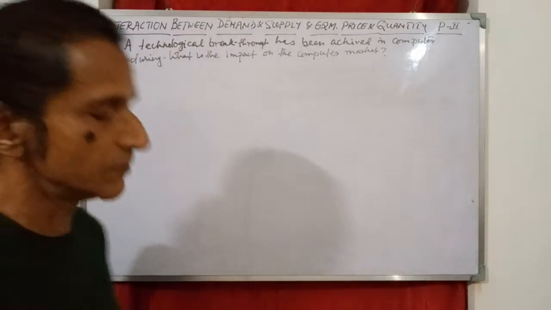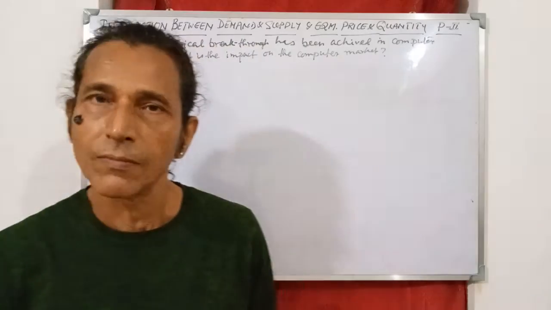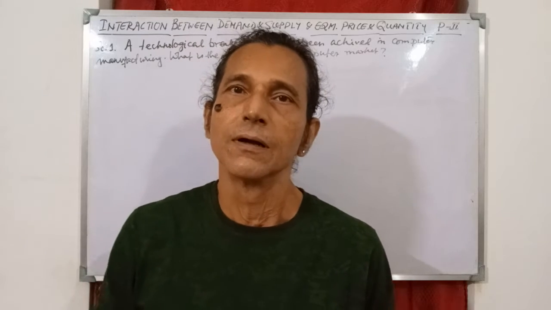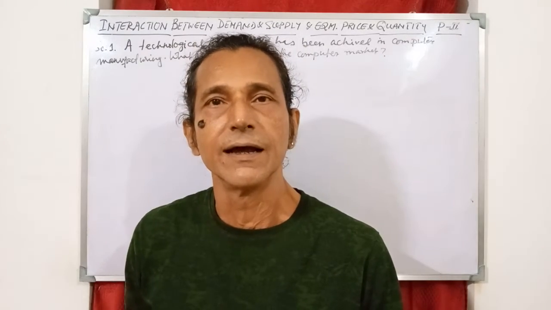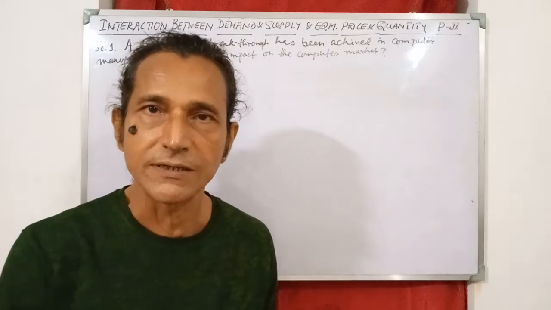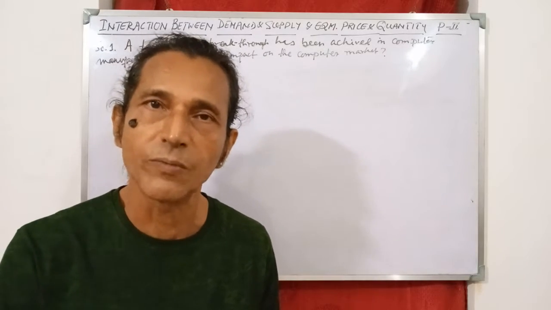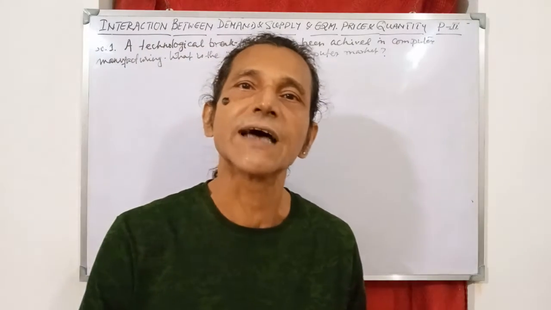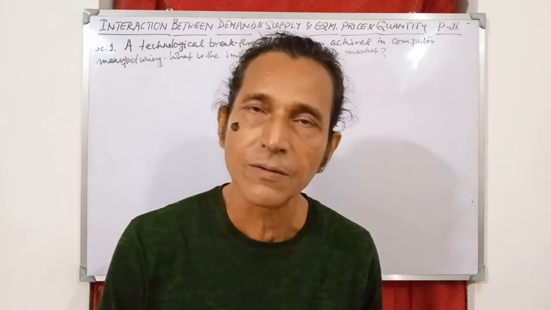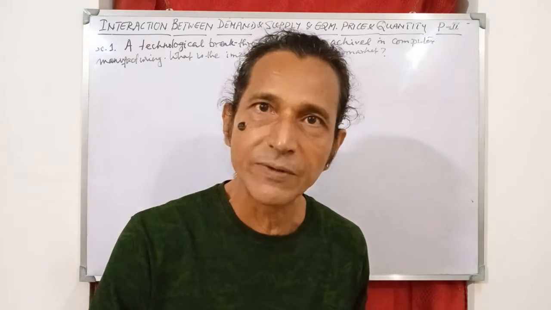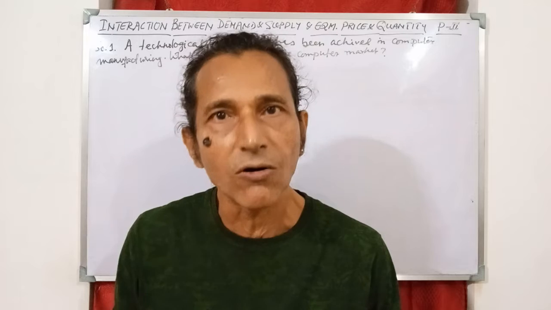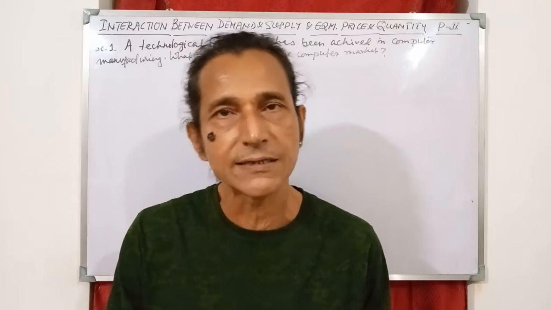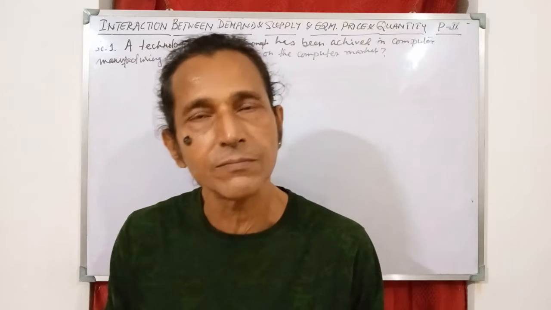And remember one thing, whenever you analyze and discuss this kind of situations, the first thing that should cross your mind is what is impacting on which side of the market. That is, whether the demand side is being impacted by the incident or the supply side is being impacted. And accordingly, you will do the analysis and accordingly you will draw the diagram and come to the conclusion. Okay?